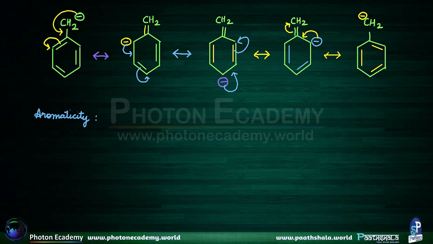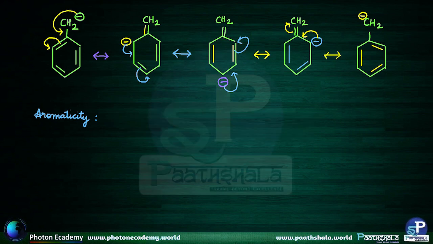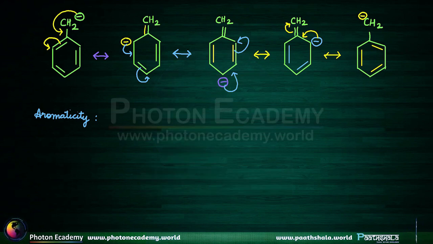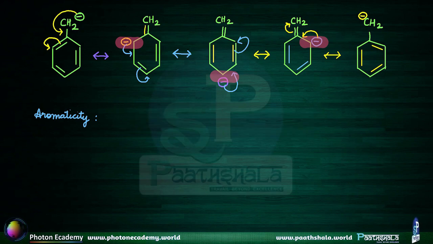Now, you may have noticed in this particular example that the negative charge is only traveling to a certain number of places and not everywhere. So where are they traveling? The negative charge comes here, here, and here. So we can highlight three positions where the negative charge lands.